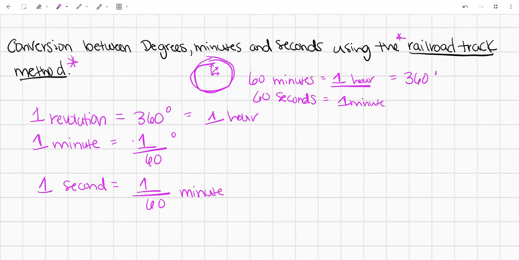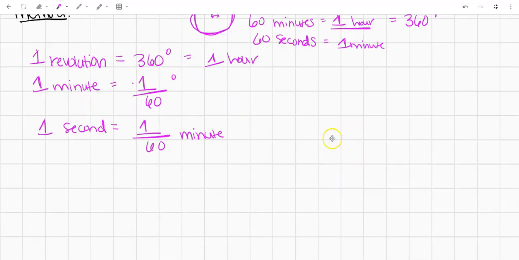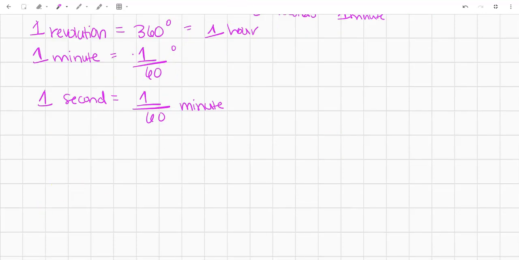Okay, so using this, we're going to go over some basic notation. So for example, 1 degree, you would write it symbolically as 1 with the degree symbol. 1 minute, you write it as 1 with one apostrophe at the top.